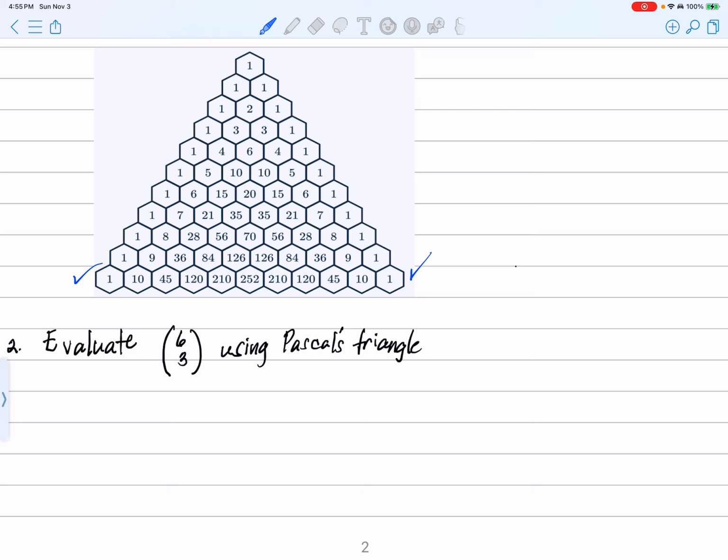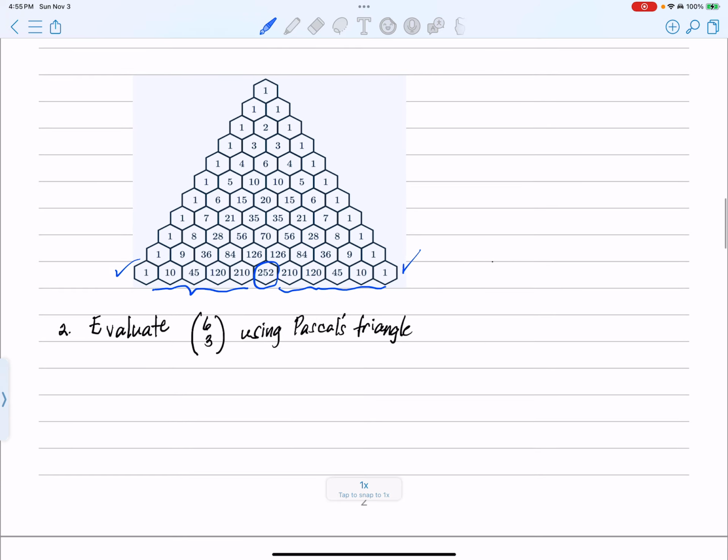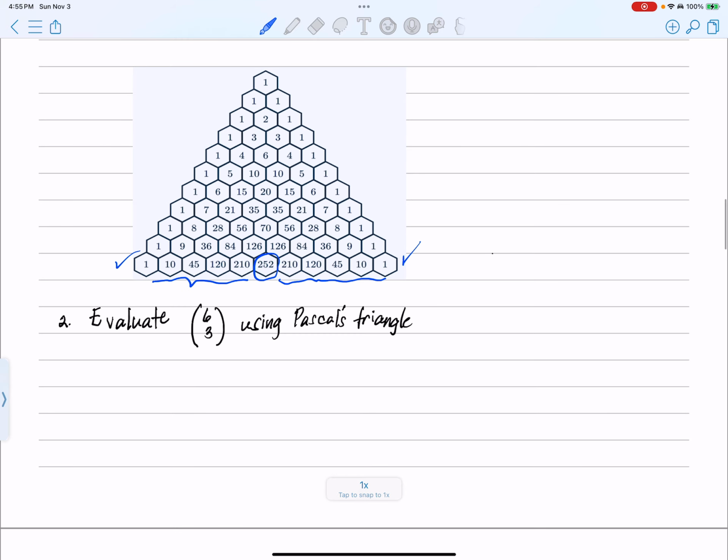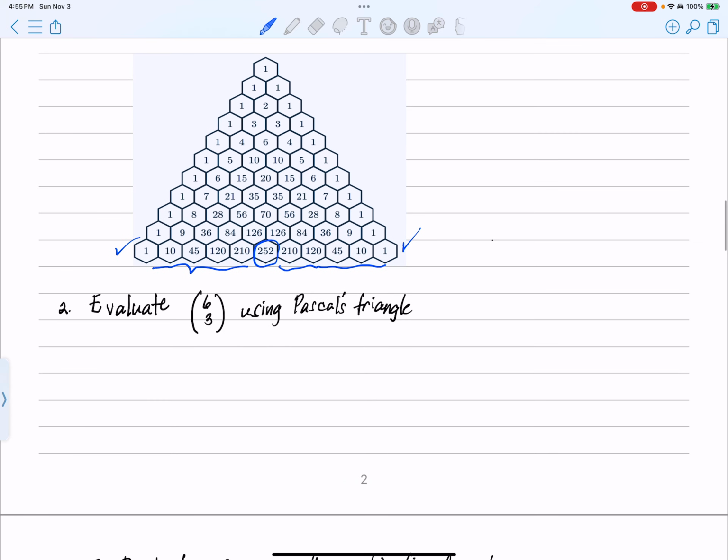Look at this. They are symmetrical. That's the pattern, right? This is very important because when we do some problems later on, if you're looking for the middle term, it's easy for us using Pascal's triangle.